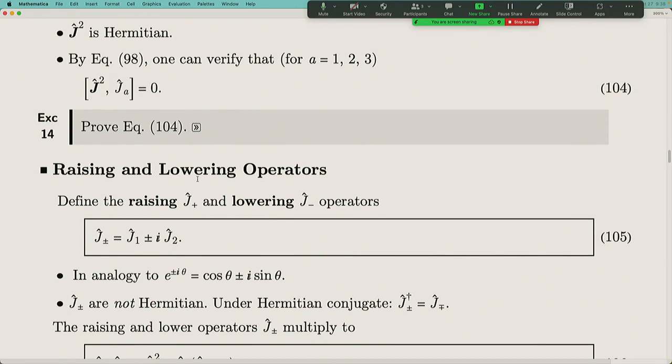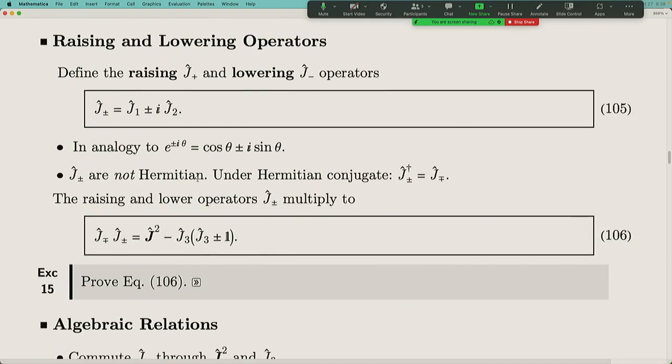Okay, now we want to play a similar trick again. Previously, we needed to define something like a number operator and also creation and annihilation operators. So for angular momentum, we also try to define something like that. We first define the raising and lowering operators.